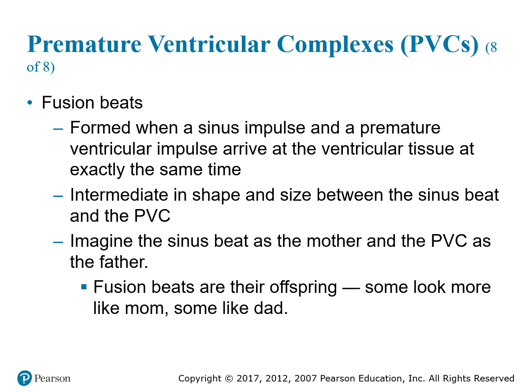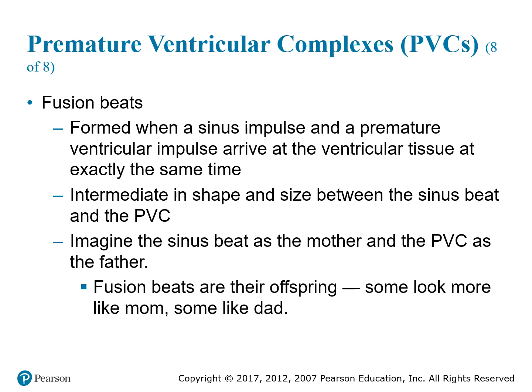So fusion beats are formed whenever a sinus impulse and a premature ventricular impulse arrive at the ventricular tissue at exactly the same time. That's what we call a fusion beat. It's a merger. It's like when the sinus and the ventricular get together and produce an offspring, which is the fusion beat.